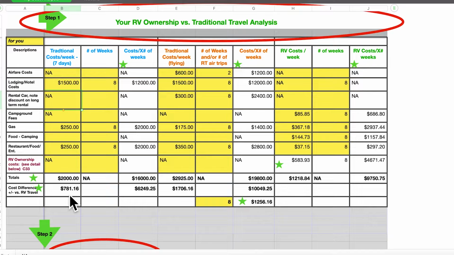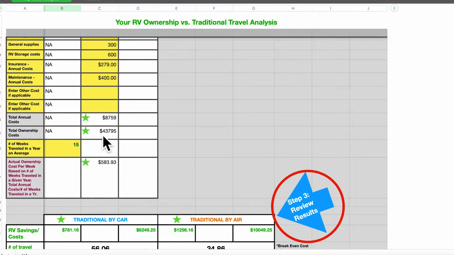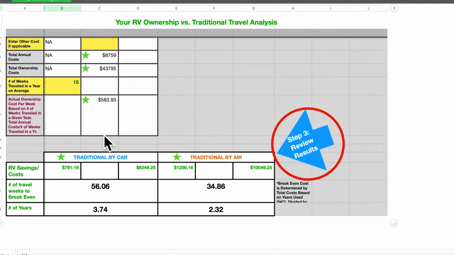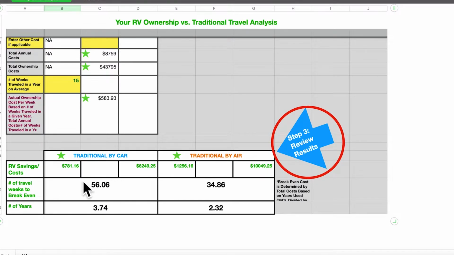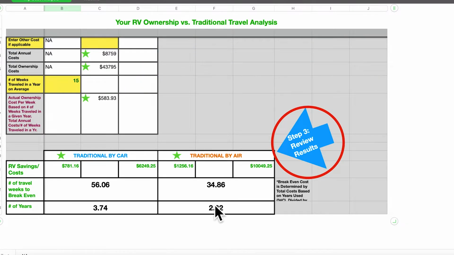So that $781 going into $43,795 gives us the number of travel weeks to break even, which equates to 3.74 years. The same thing with travel by air. So our RV savings on a weekly basis were $1,200. $1,200 into the $43,000 is 34 weeks, actually 35 weeks, or 2.5 years to break even.